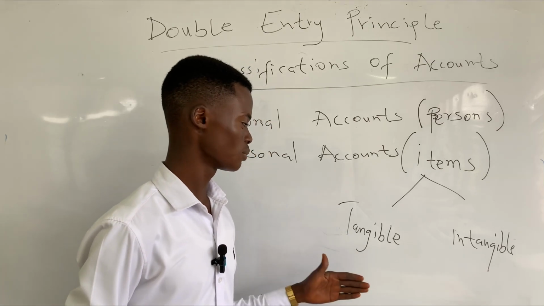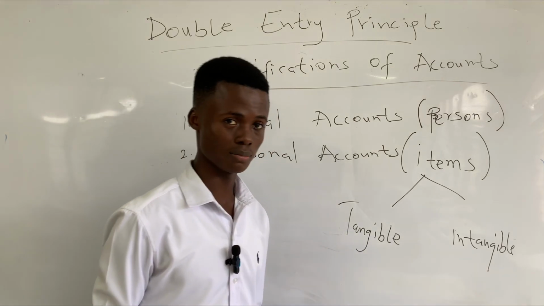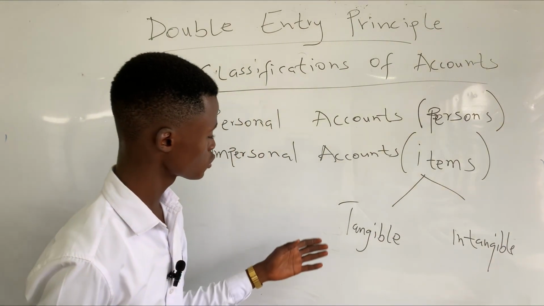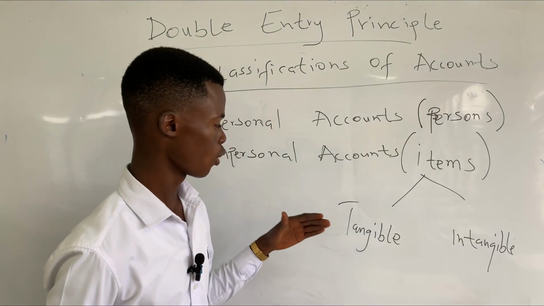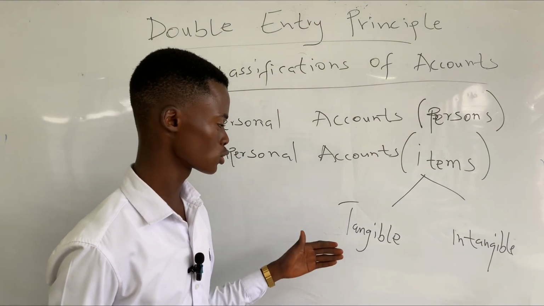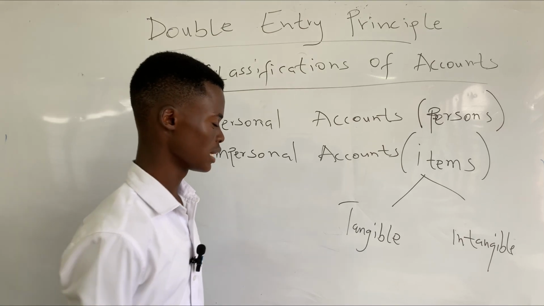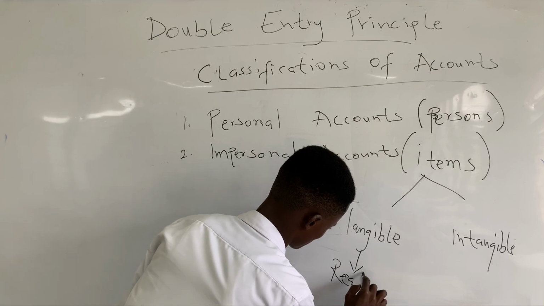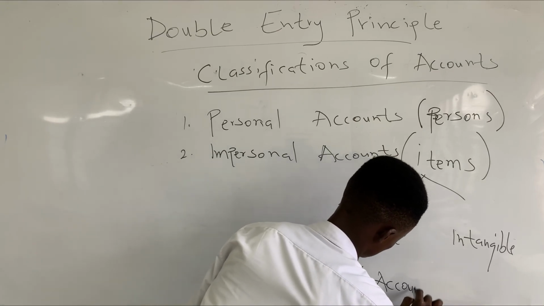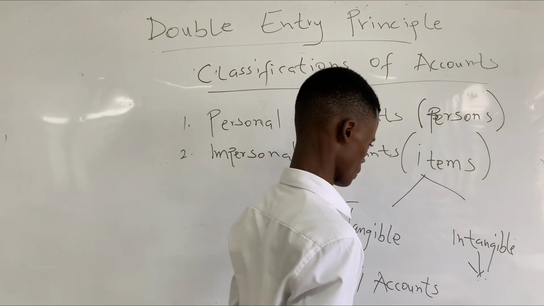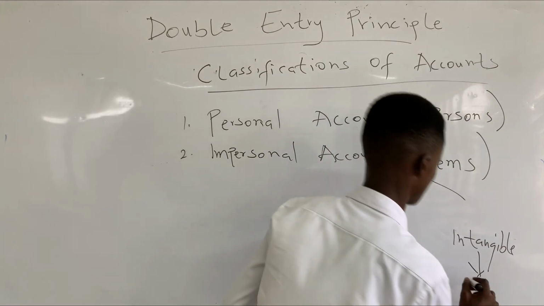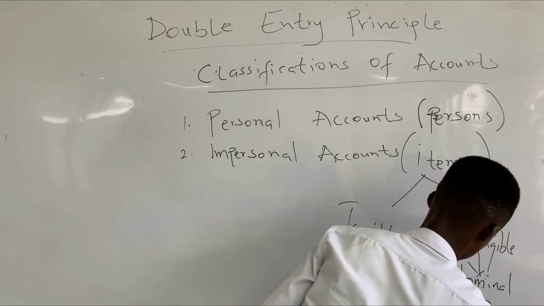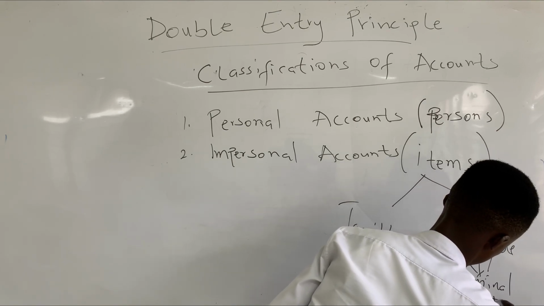One to take care of the tangible items and the other to take care of intangible items or property. The account that is responsible for recording or keeping records of the tangible items is known as the real accounts. And that for the intangible is known as the nominal accounts.